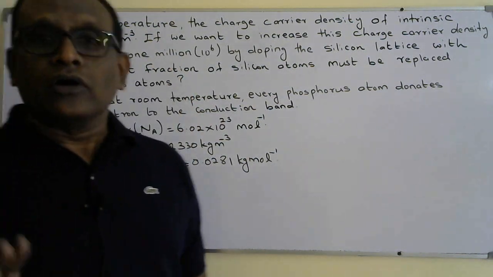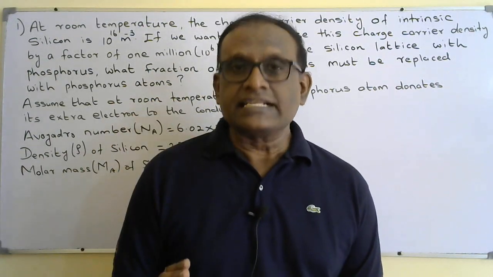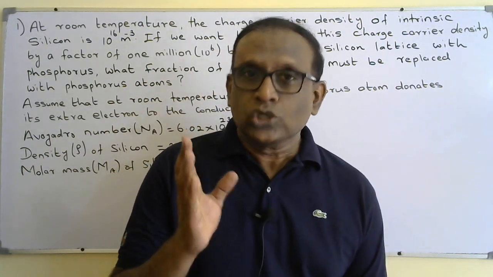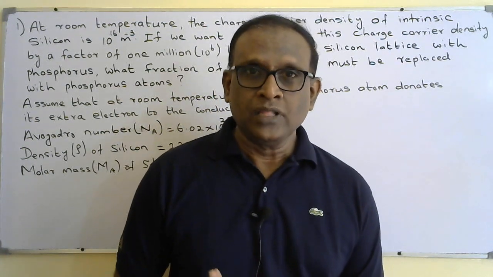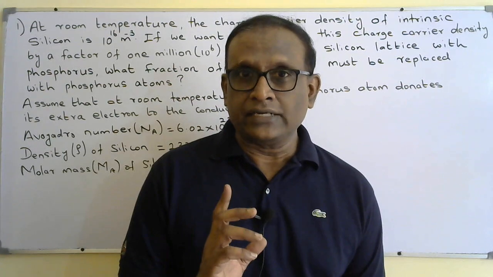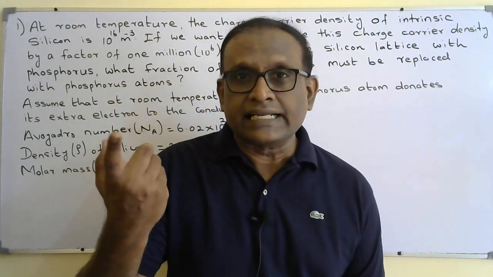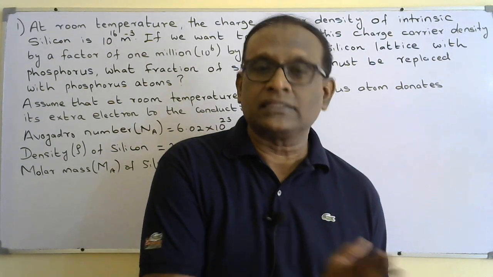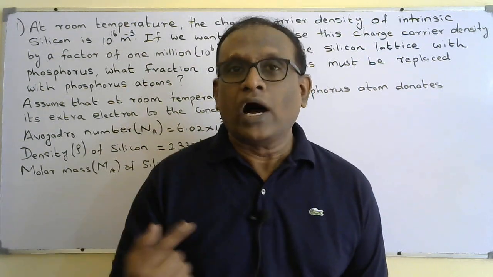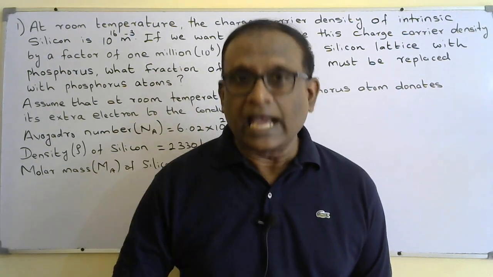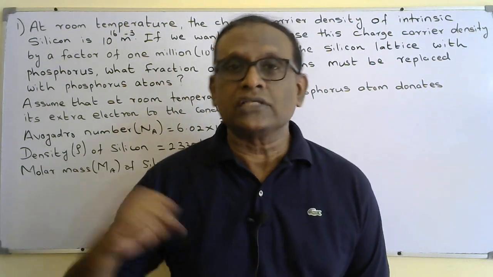Okay, so I already explained that when you are doping an intrinsic semiconductor with either a group 3 or group 5 element, the dopant will provide only one free electron to the conduction band if it is a group 5 element, or only one hole per impurity atom if it is a group 3 element.